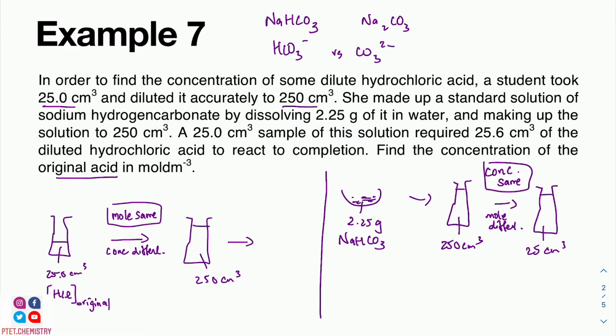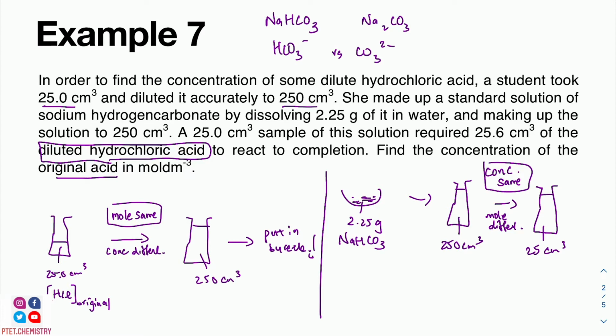But then you also take out the dilute hydrochloric acid, but you only put it in the burette. That is how much you want to use. Typically before, we've always prepared the exact volume, which is 25 cm³, but here this is a different example where this one goes into the burette. That's why the volume of the hydrochloric acid is not a fixed volume like 25.0 cm³ or 10.0 cm³ or something.